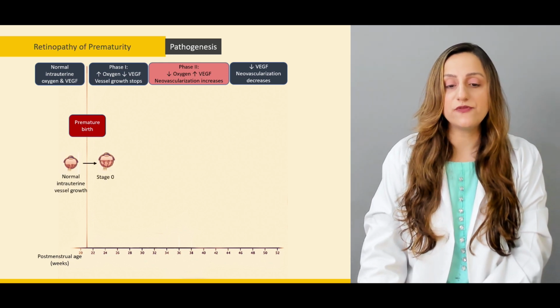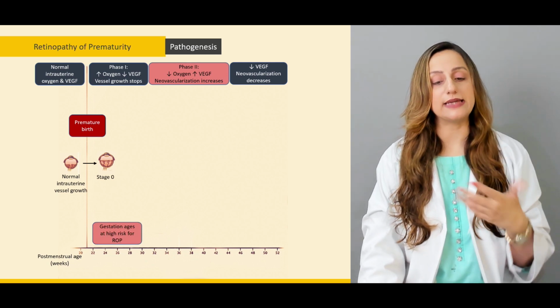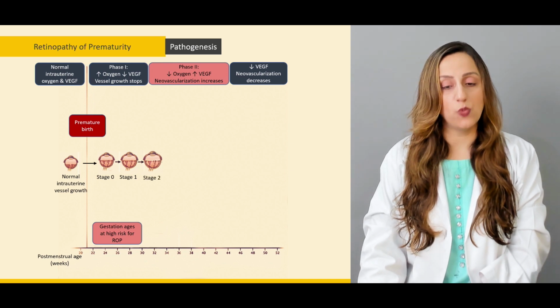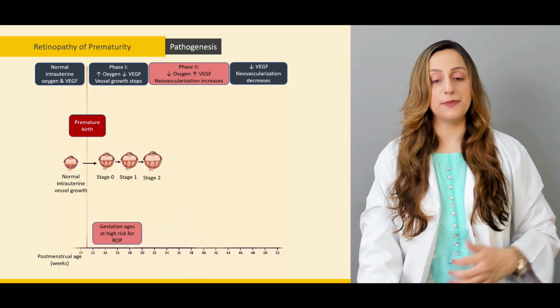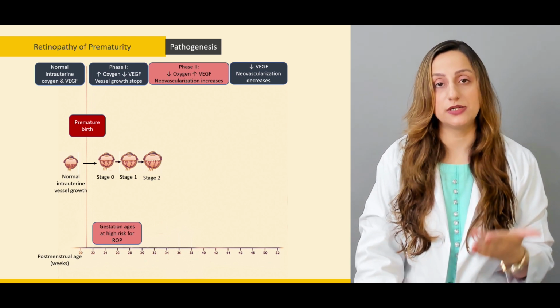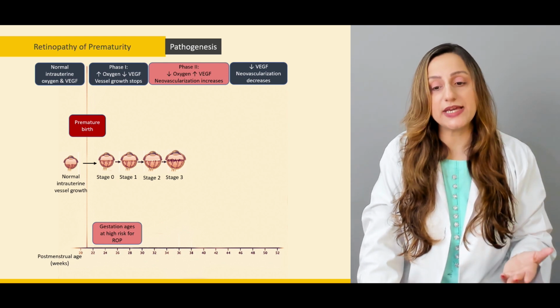The normal intrauterine vessel growth. Then we have stage 0, the gestational age at high risk for the development of these particular stages. Stage 1 is the development of the demarcation line. Stage 2 is the formation of the ridge. Stage 3 is the tractional phase.